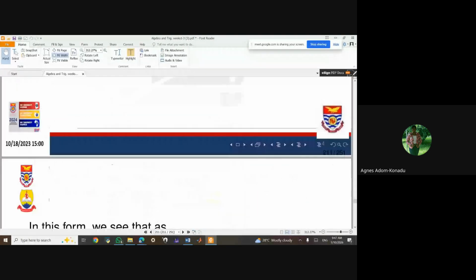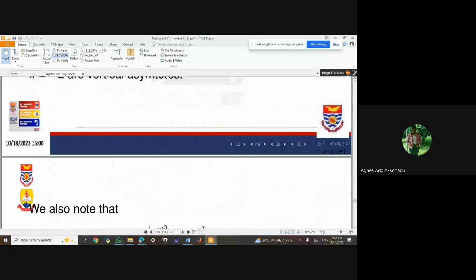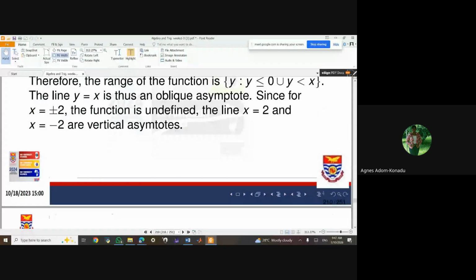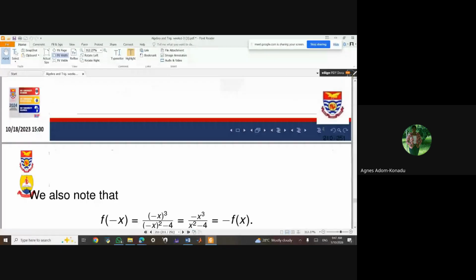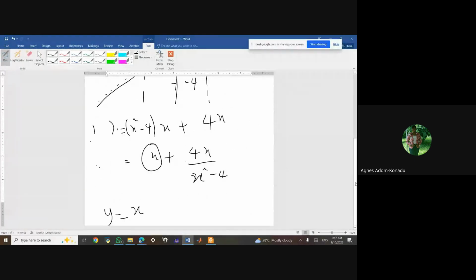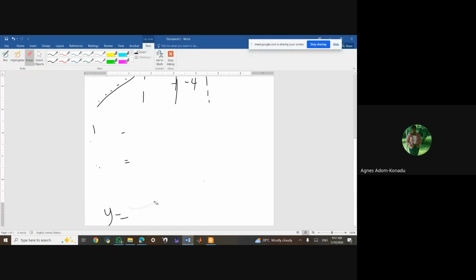Here they are finding out if the function is even or odd, and I don't know if you know what an even function and an odd function are. If a function is even, then f of x should be equal to f of minus x. If f of minus x is equal to f of x, then the function is even.